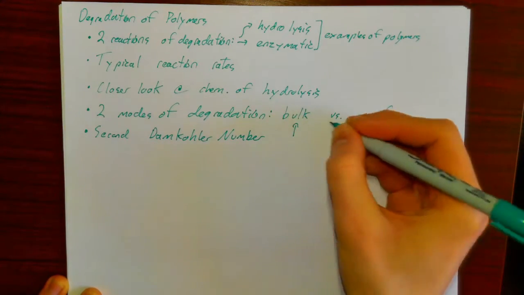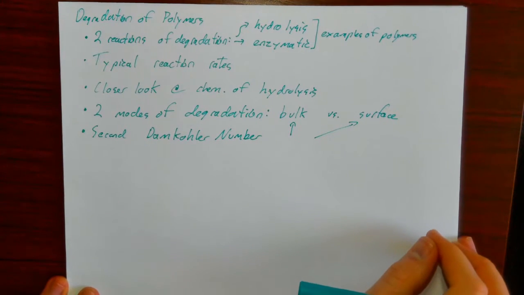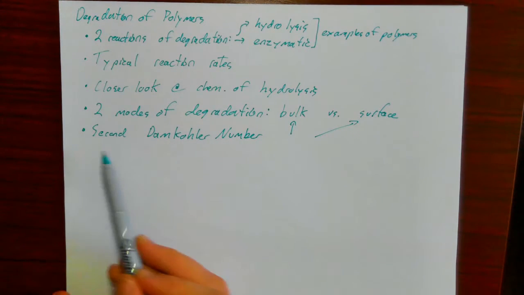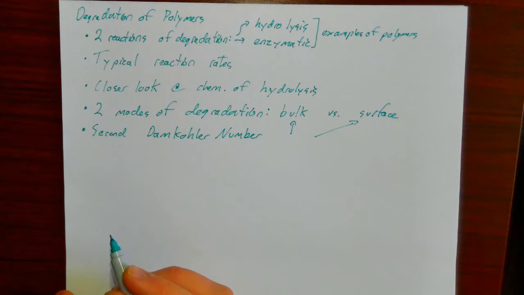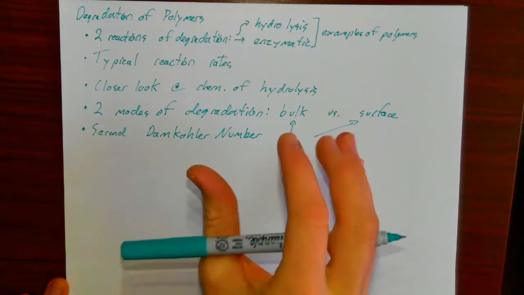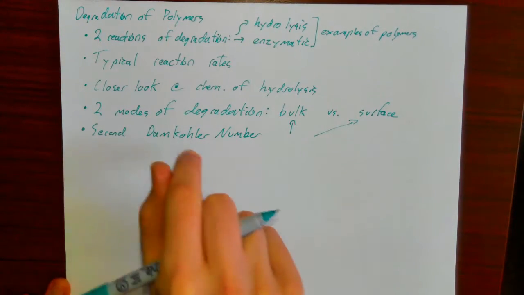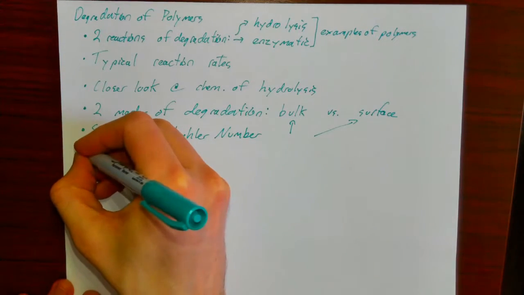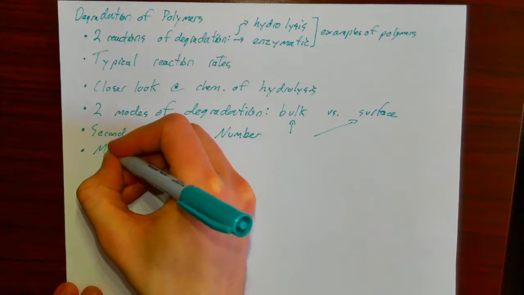And that's a parameter that allows us to predict which of these modes you'll be in. And then finally, after we take a look at the second Damköhler number and some of the factors that go into it, for example, the size, the diffusion of water, and the reaction rates, those factors all go into the second Damköhler number, we'll take a closer look at material chemistry.